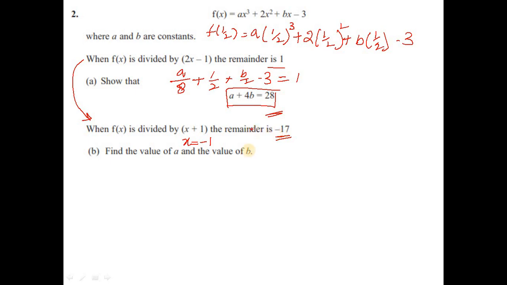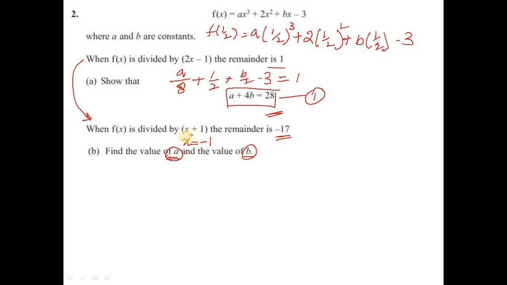The idea is, because they are asking you to determine the values of a and b, that means you need to find two unknowns. If you need to find two unknowns, then you need two equations, so you can solve these two equations simultaneously to figure out the values. You have one equation in part A, and the second condition will give you the second equation.